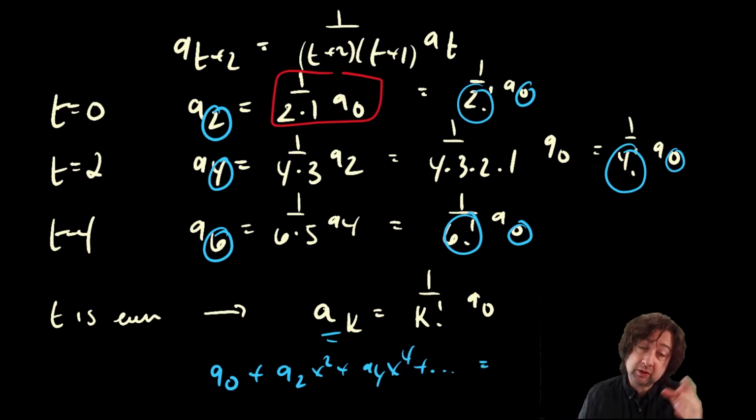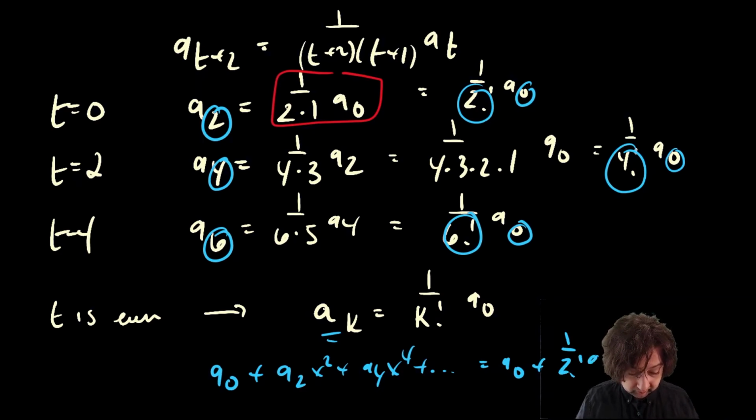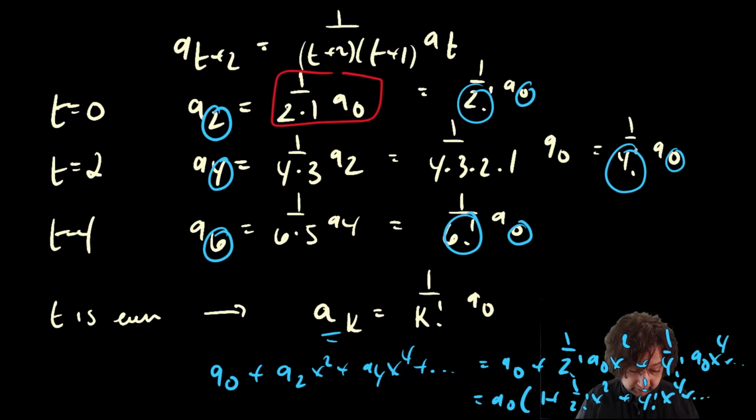Because I know expressions for a2, a4, and a6, I could write this as a naught plus, well, what was a2? a2 is 1 over 2 factorial a naught x squared plus 1 over 4 factorial a naught x to the 4th. And then I could pull the a naughts out of everything, and I would get a naught times 1 plus 1 over 2 factorial x squared plus 1 over 4 factorial x to the 4th, and so on.